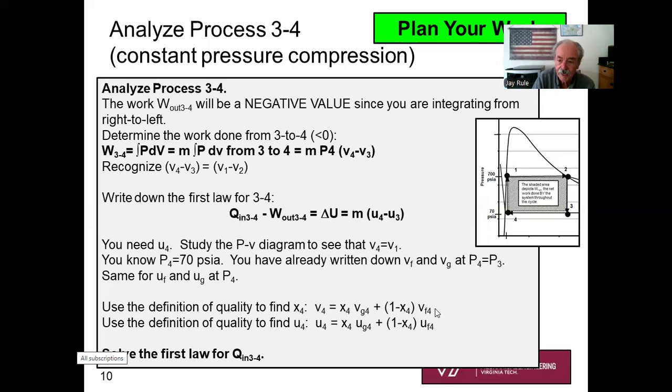Now that I've got X4, I can immediately calculate u4 using the definition of quality. u4, unknown. X4, just found it, times UG4, look up at 70 psi, saturated vapor internal energy, plus 1 minus X4 times UF4, saturated liquid at 70 psi.